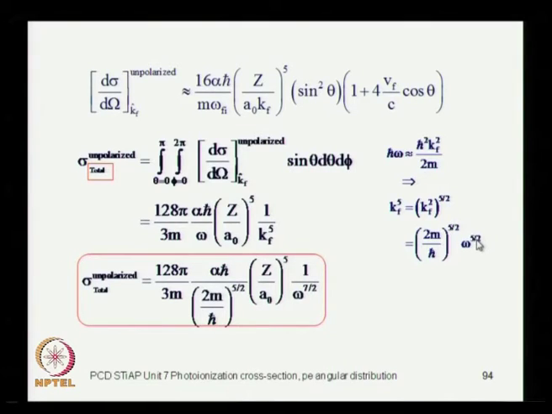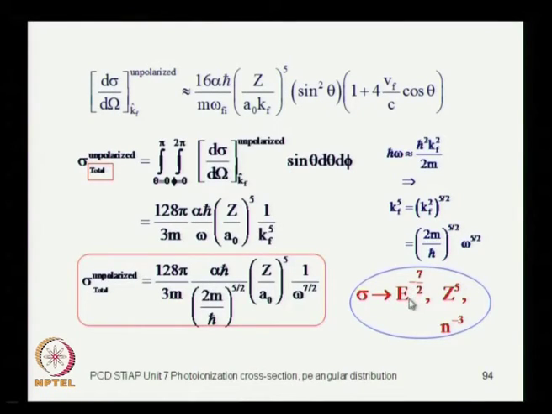So, omega to the power 5/2 plus 1 power of omega will give you a power of 7/2 in the denominator. What it tells you is that the total cross section is inversely proportional to the 7/2 power of the energy in the Born approximation.